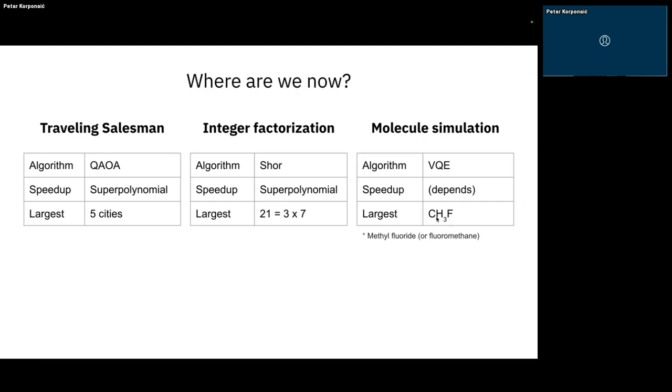And in order to make a cure for some diseases, you need to deal with much bigger molecules. You need to deal with proteins, which are large molecules, DNA, which is the largest molecule known to humans.